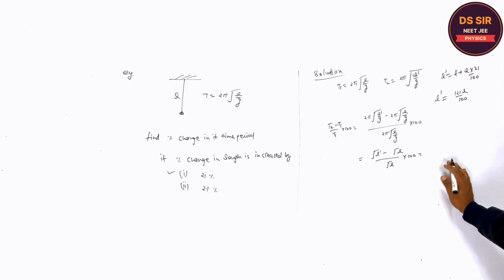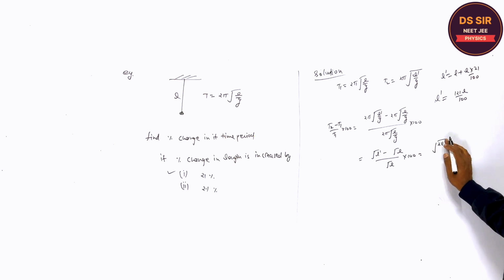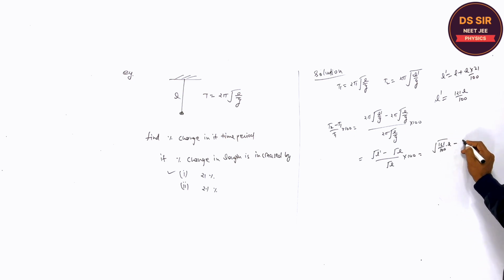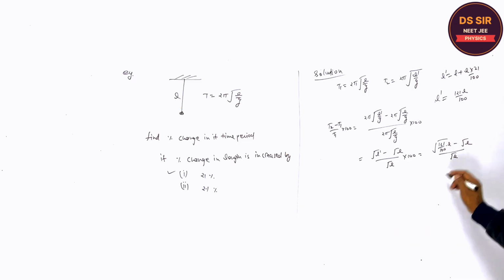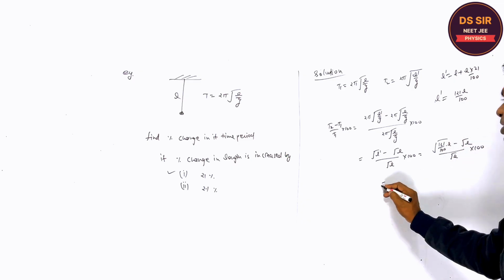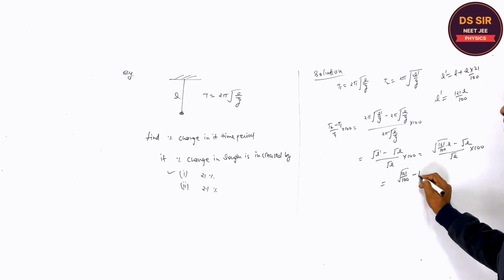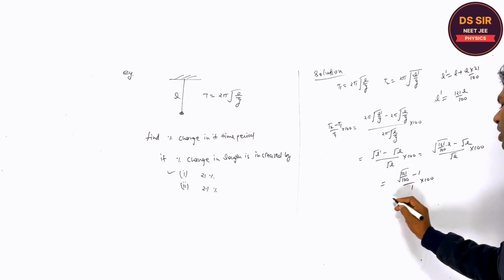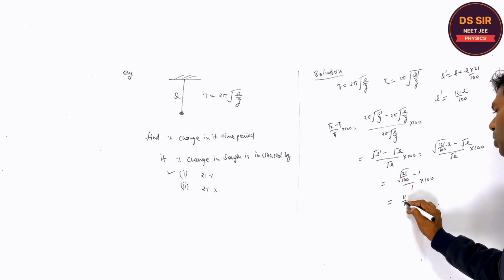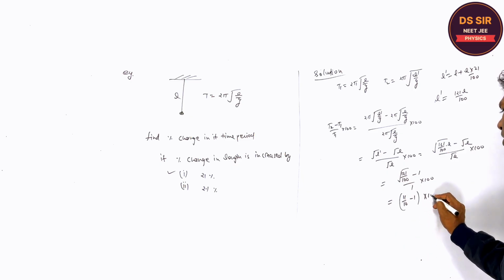What is the L dash? It is 121 upon 100 into L. Root of that minus root L, upon root L. So root L will cancel out, right? It is root of 121 upon 100 minus 1 upon 1, into 100. How much is it? 11 upon 10 minus 1, into 100.